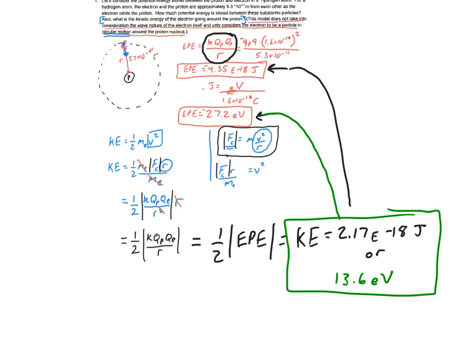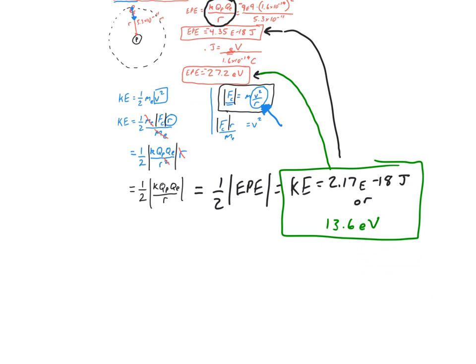This is a nice, interesting result: if you have nice, clean circular motion, it only works for circular motion because we had to use this consideration here, then the kinetic energy is equal to half the magnitude of the potential energy in circular motion.